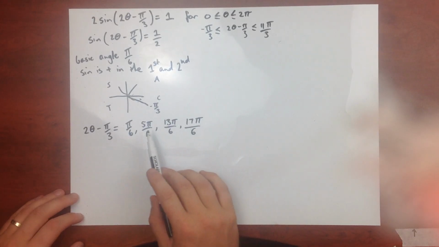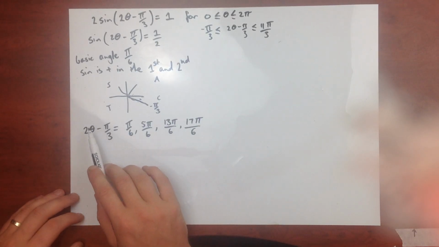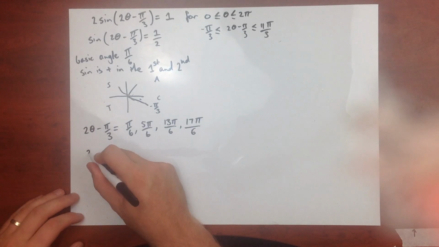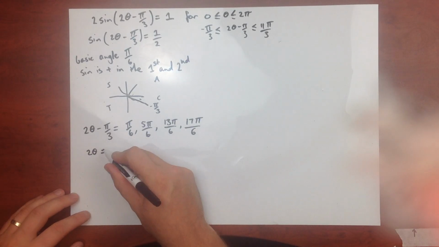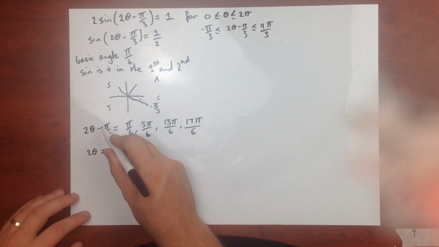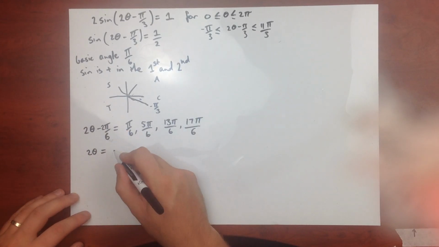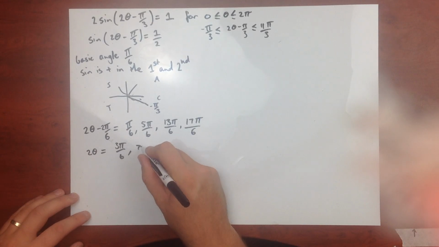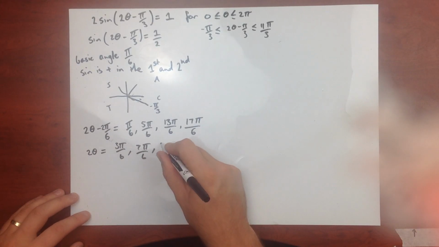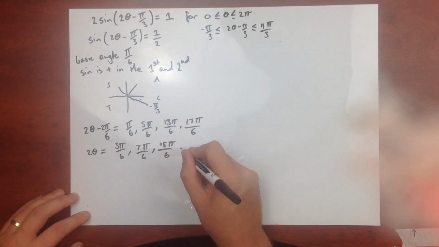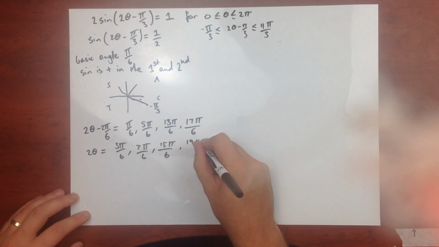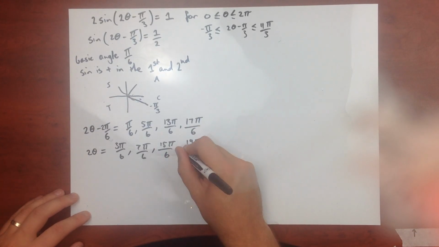Okay, what we need to do here is now get all these right because of our translations. So say 2 theta. Now this is really 2 pi on 6 if you like, just to make it easier. We need to add that to everything. So now we're going to get 3 pi on 6, 7 pi on 6, 15 pi on 6, and 19 pi on 6.